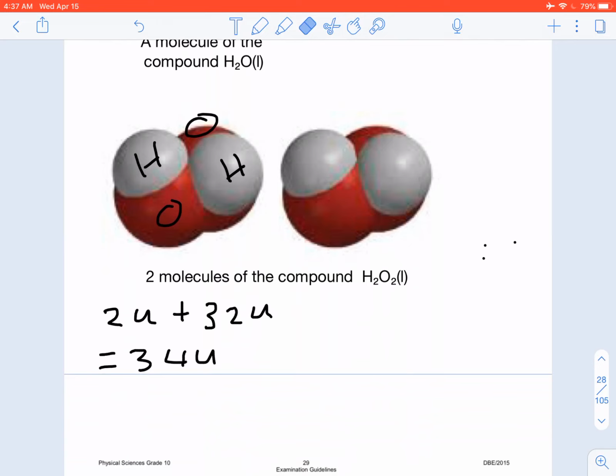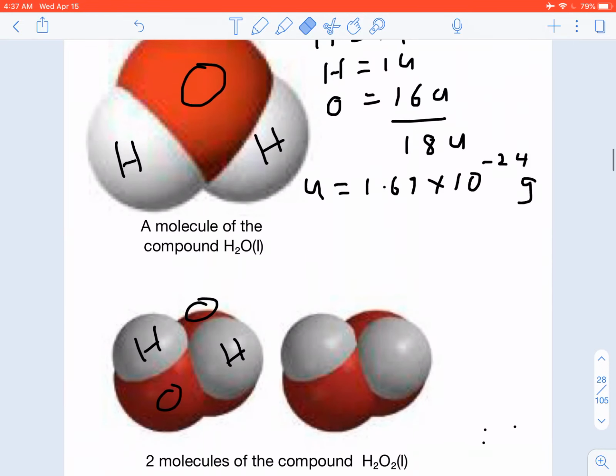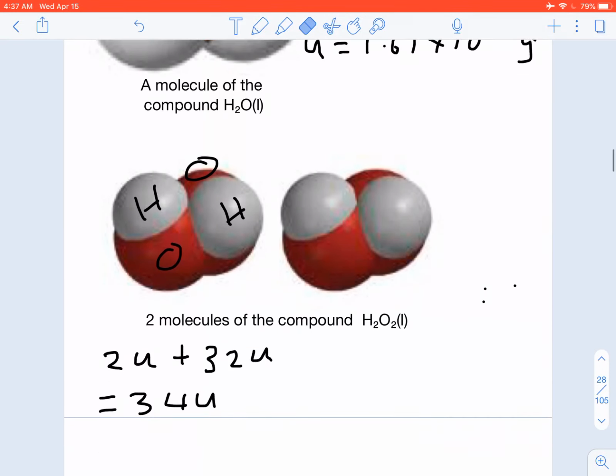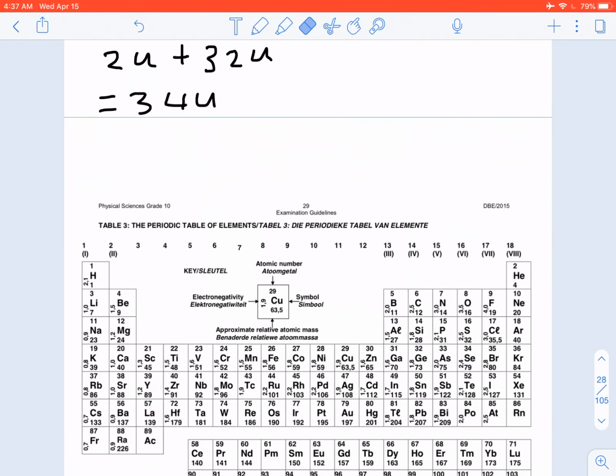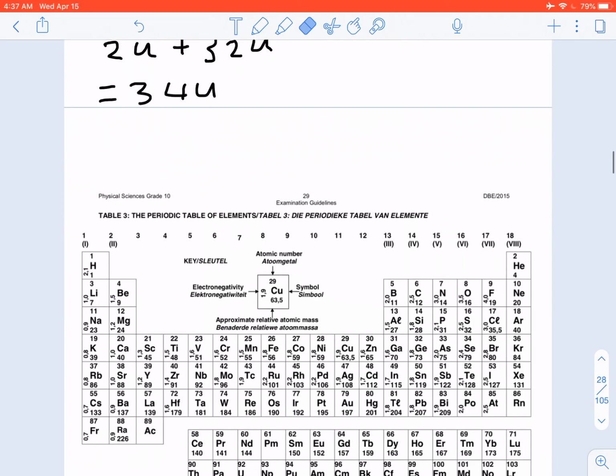Now, these are the atomic masses, but we are not going to be working with the atomic masses. We are going to be working with the relative atomic masses of these elements. Why relative?